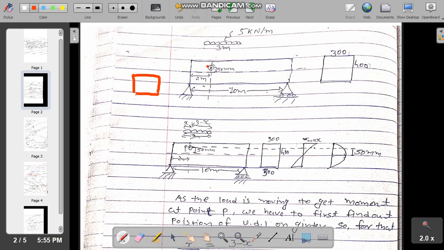Okay, this is the element we have assumed. So first of all, as we know, above the neutral axis we have compressive stresses and below the neutral axis we have tensile stresses.